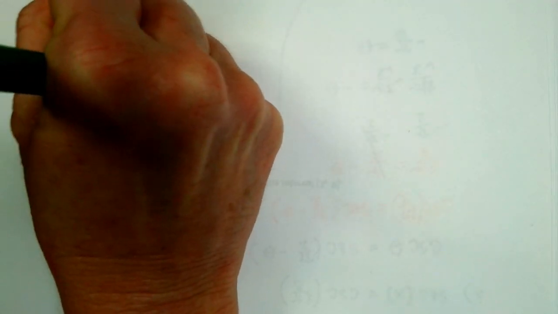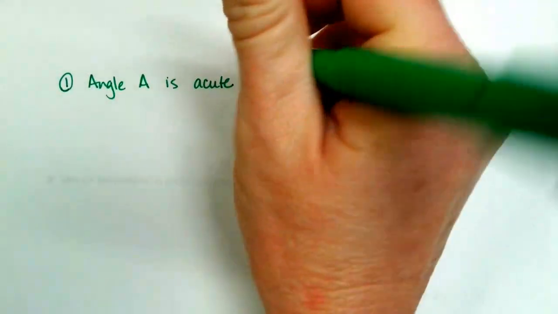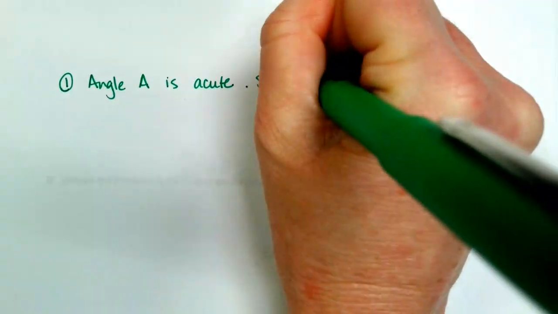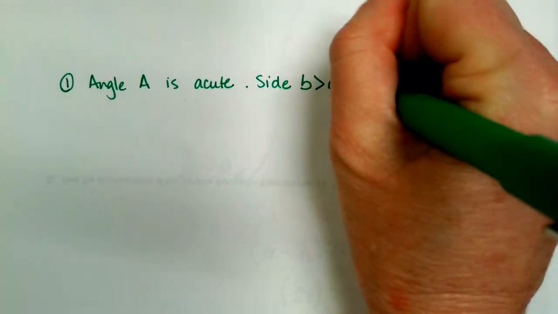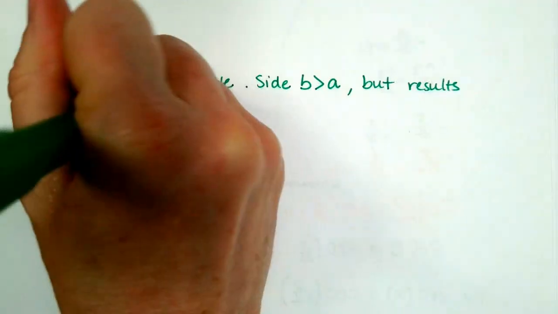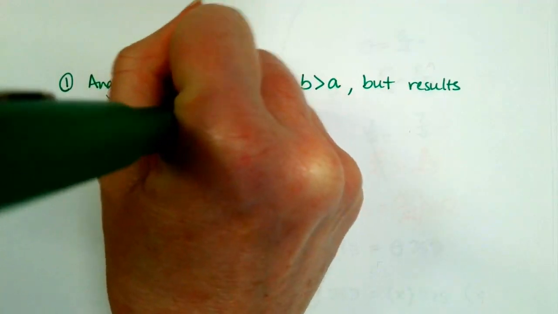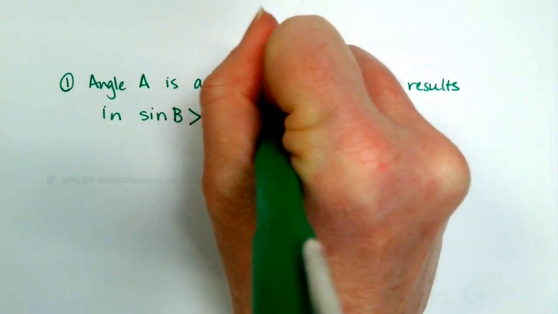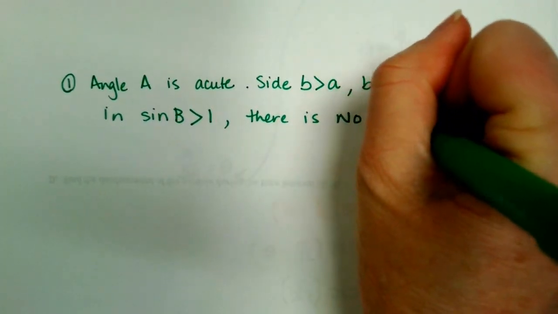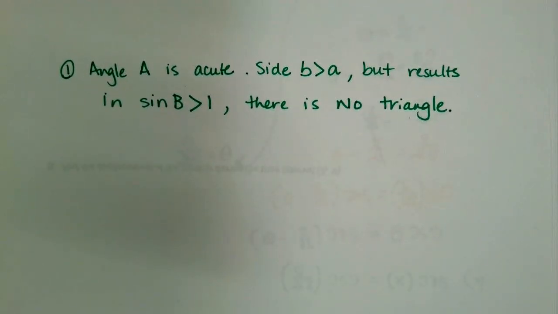So let me give you some basic rules. If you look at the information you've been given, and angle A is acute, meaning less than 90, and side B is bigger than A, and it results in sine of B being greater than 1 when you plug it in the calculator, it means there's no solution.